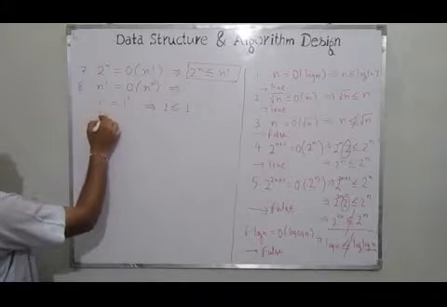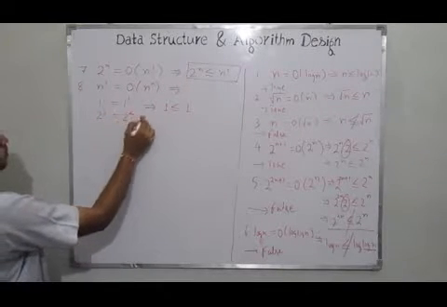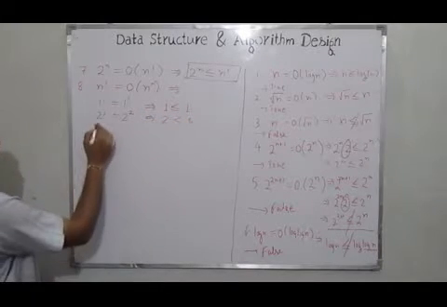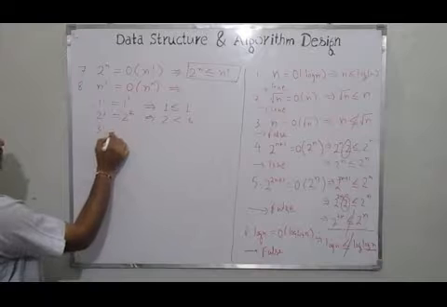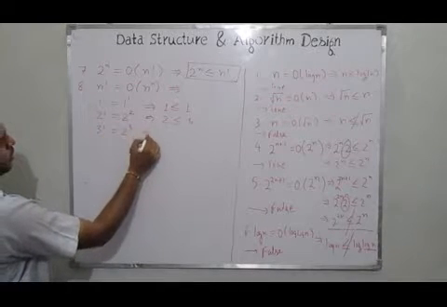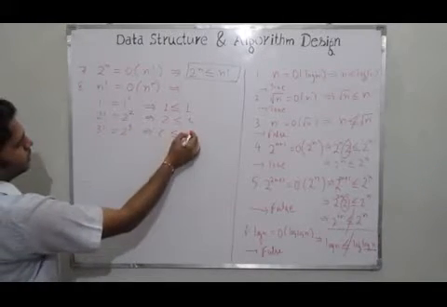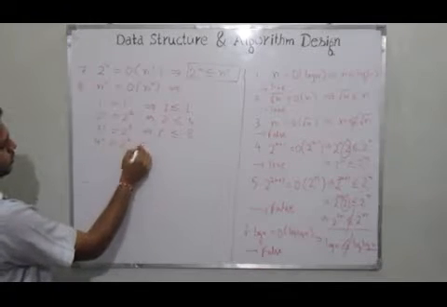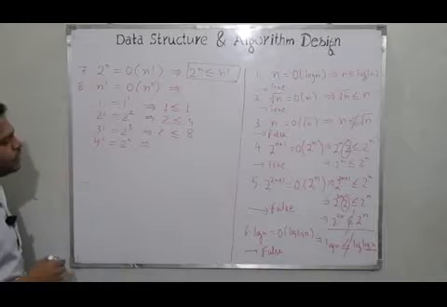If we take 2 factorial and 2 raised to power 2, it can be seen that it is justifiable. If we take 3 factorial, again we can see that it is completely justifiable.